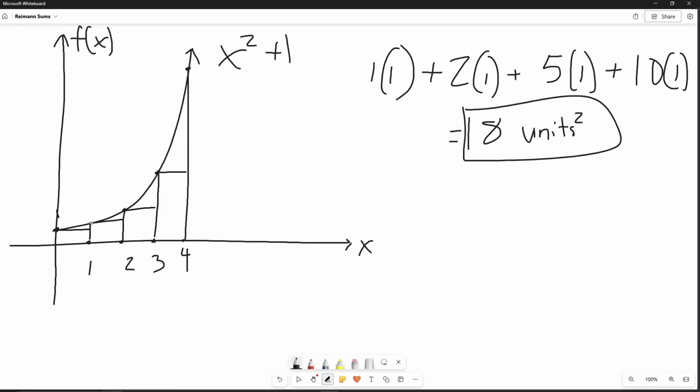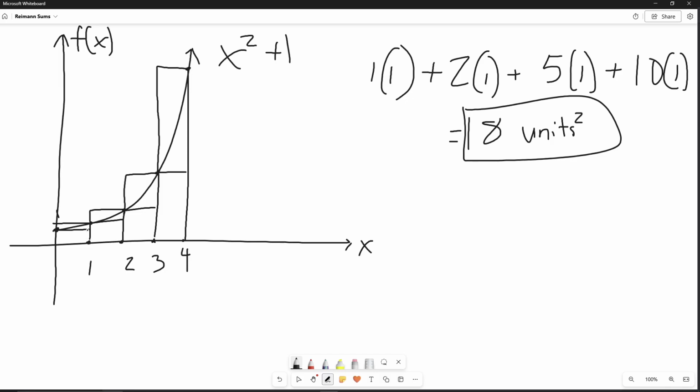So, boom, here, here, and here. And since we're going from the right, the height of a rectangle is going to be the point on the graph, which is on the right side of the rectangle.